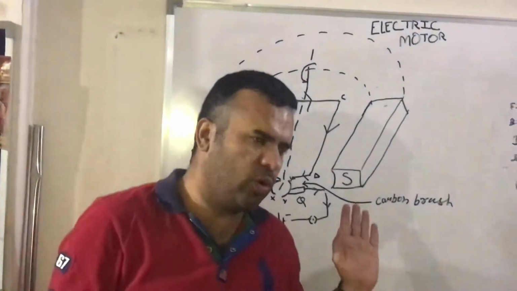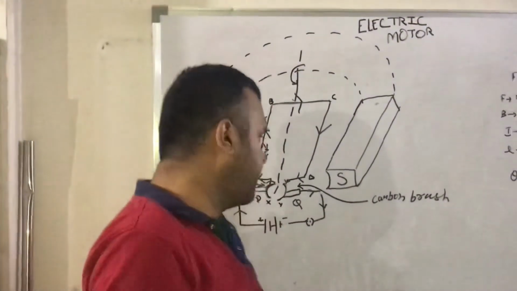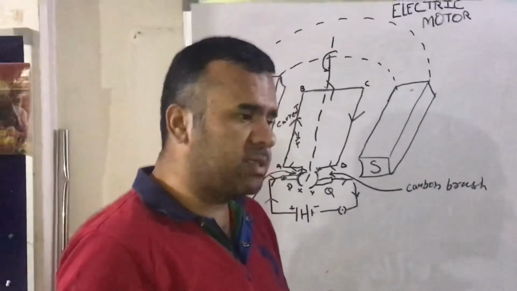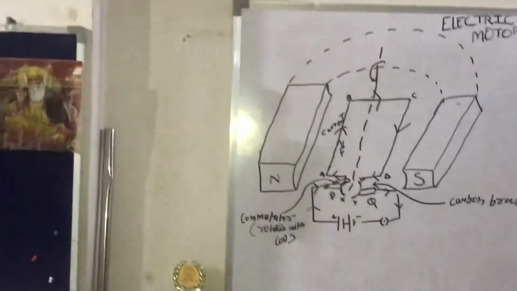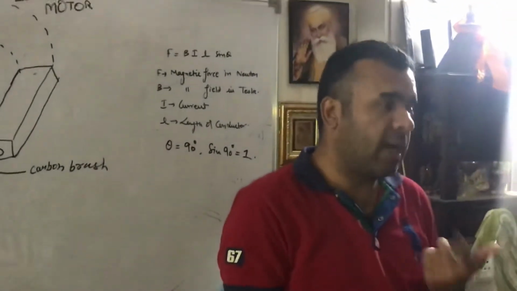First of all, you should know what all apparatus we are using in case of electric motor, right? The function of each and every principle is the same. Only, in place of straight conductor, you will use the words rectangular coil.